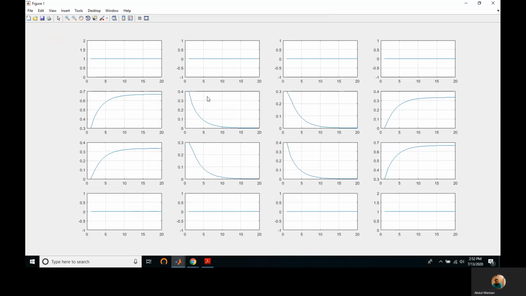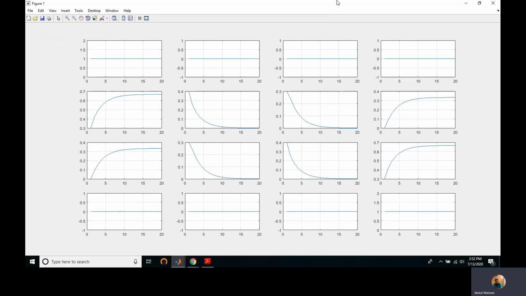And for certain states, the value of R is either 0 or 1. But if it is a transient state, it will be like this.